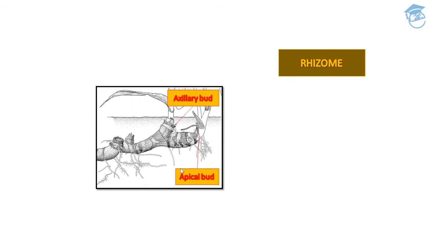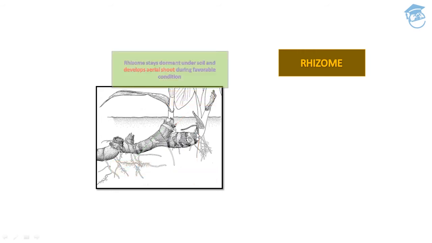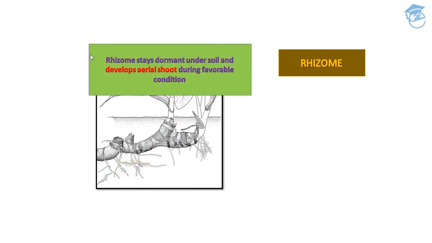These are axillary buds, and these are the scaly leaves of this underground stem modification. So the rhizome stays dormant under soil and develops an aerial shoot during favorable condition. That's why the rhizome is called a perennating organ, because it stores nutrients in the favorable season for the unfavorable season to arrive.